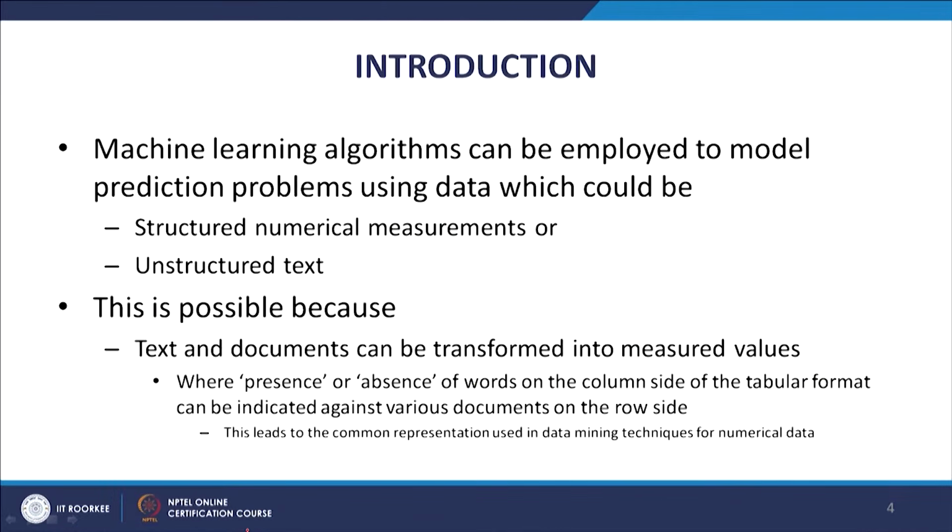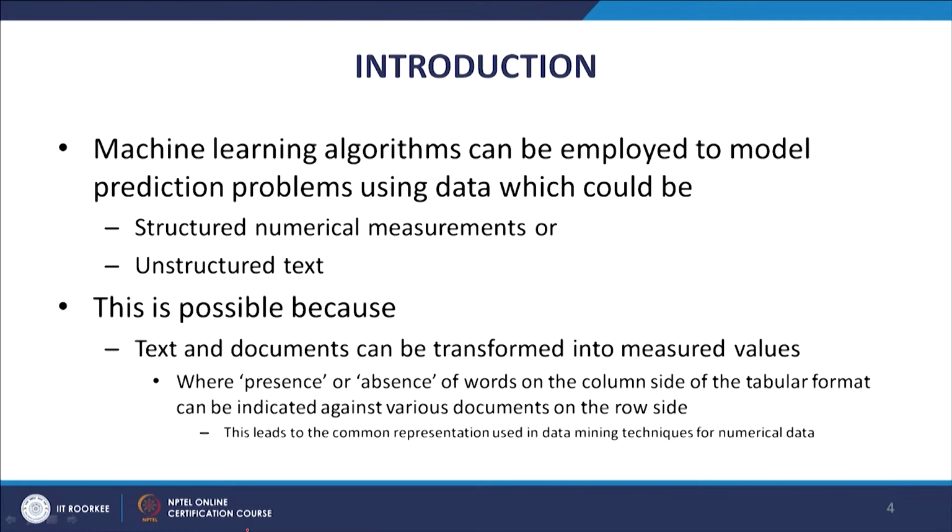Now in our previous two courses we have talked about machine learning techniques as well, for example decision trees and artificial neural networks. Some of these techniques were earlier employed to model prediction problems using numerical data. Some of the machine learning algorithms can also be used to model prediction problems using unstructured text.